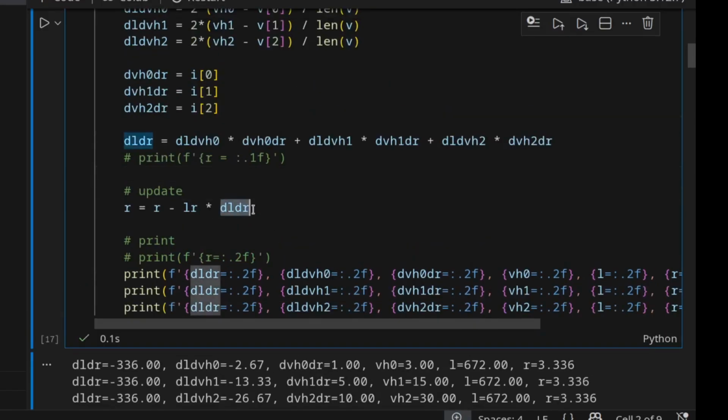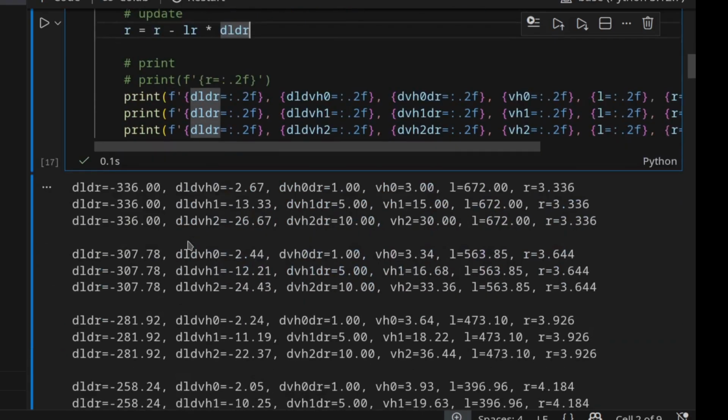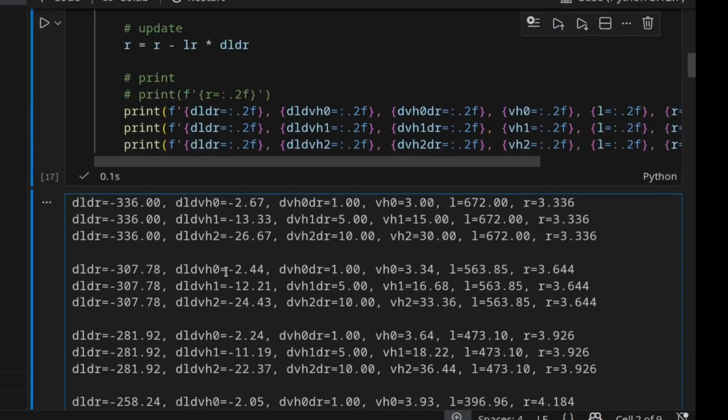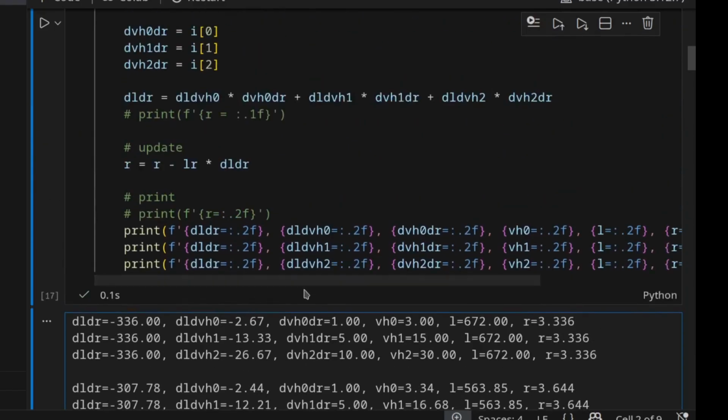Then you can use that, like I was saying earlier, to multiply the learning rate by, and that will give you what to subtract from R, so that it can update and eventually put out that R is 7 or whatever it's supposed to be. So that's kind of how that works.